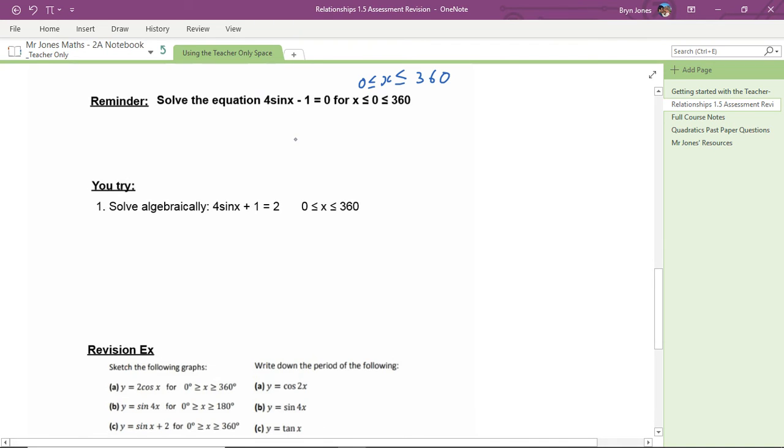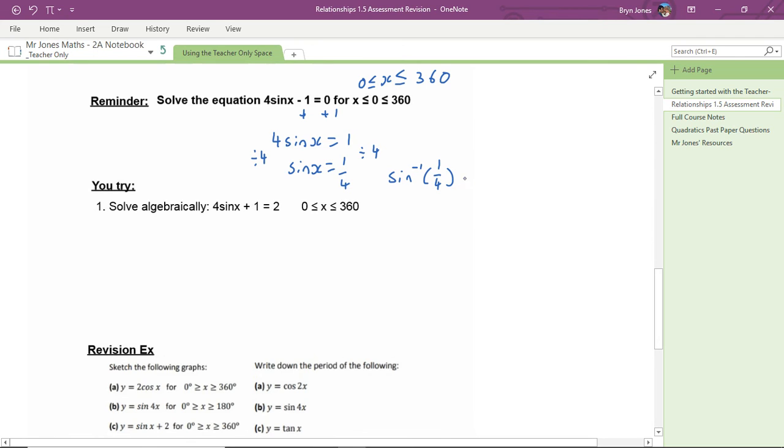So we want to solve this equation. So let's just add 1 to both sides to start us off. We get 4 sine x equals 1. So sine x must equal a quarter. Again, what I've done is I've divided by 4. And then I can use my inverse sine function on my calculator.